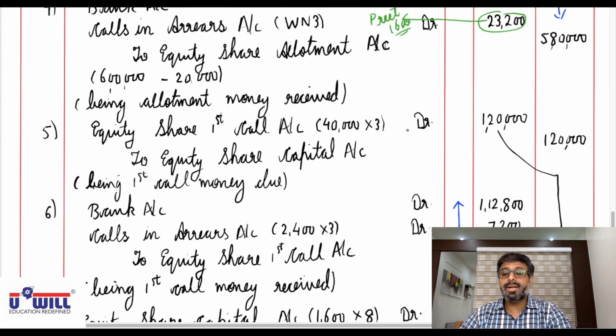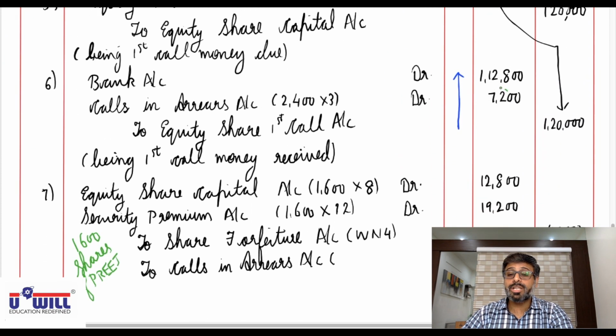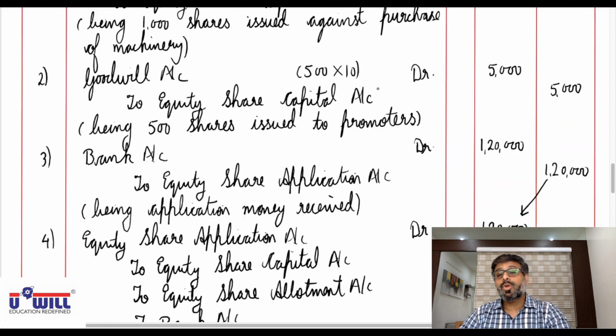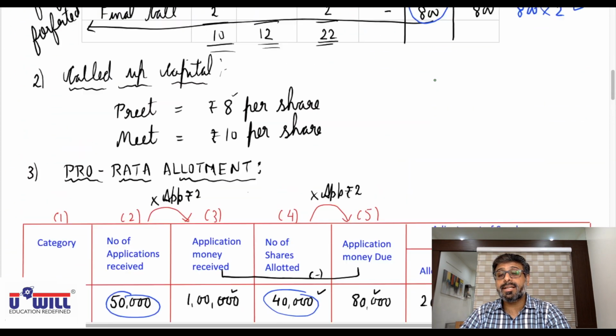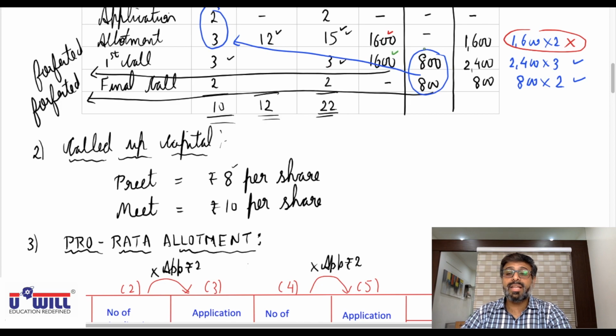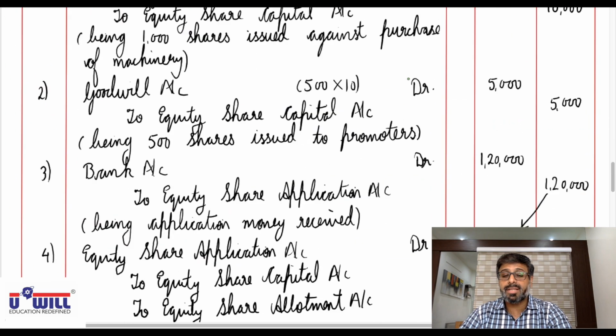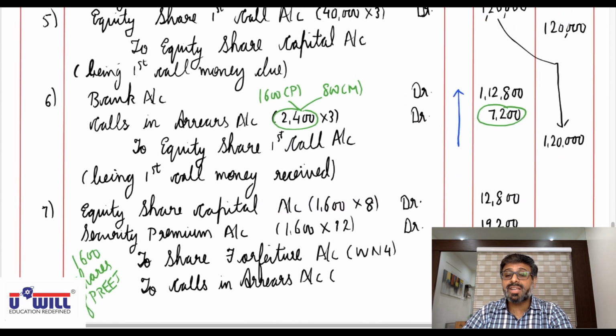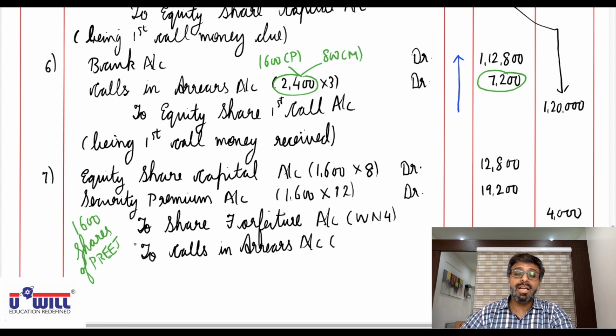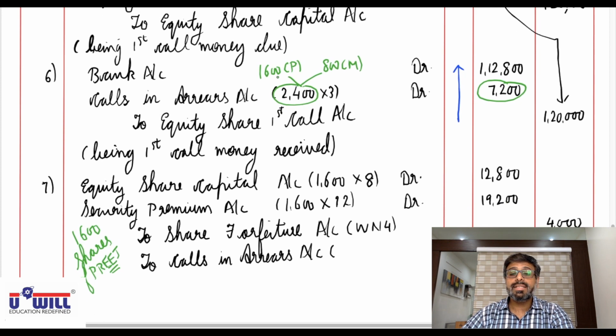But is this 7,200 all of Preet? No. This 2,400 includes 1,600 of Preet as well as 800 of Meet. So out of this 7,200, what would be the calls in arrears of Preet? 1600 into 3, 4800.